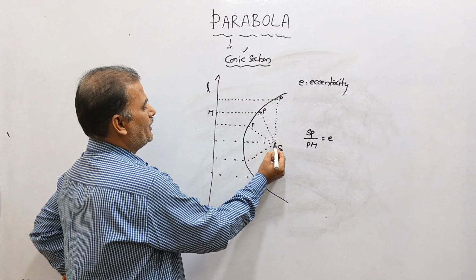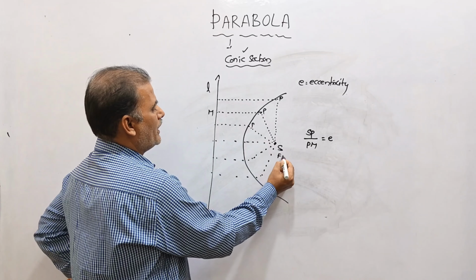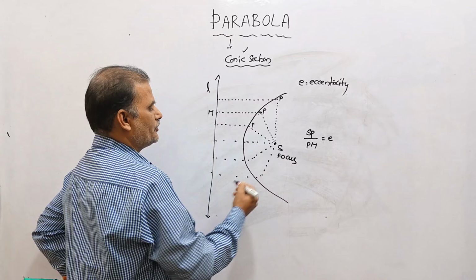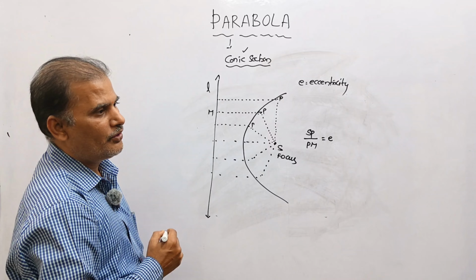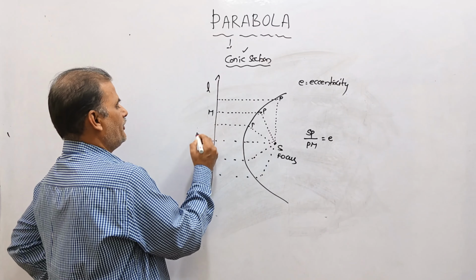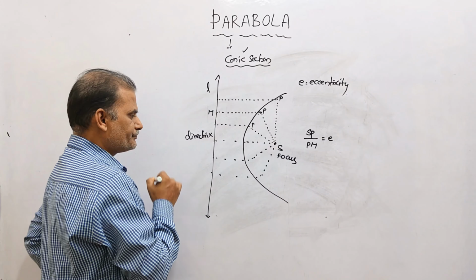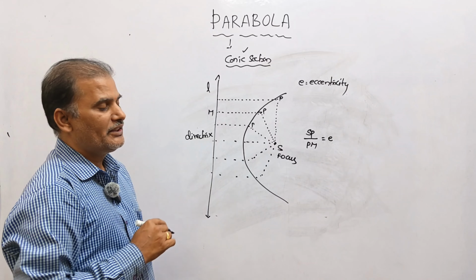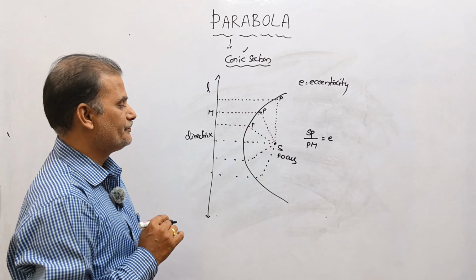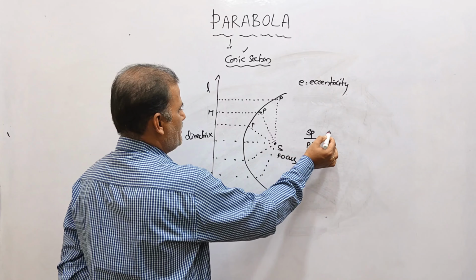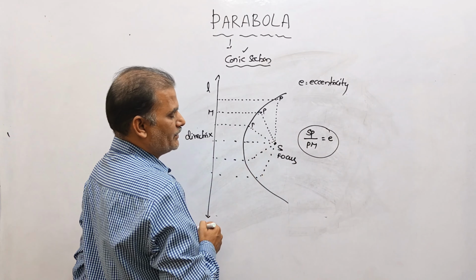The fixed point is called the focus, and the fixed line is called the directrix. SP by PM is equal to a constant.